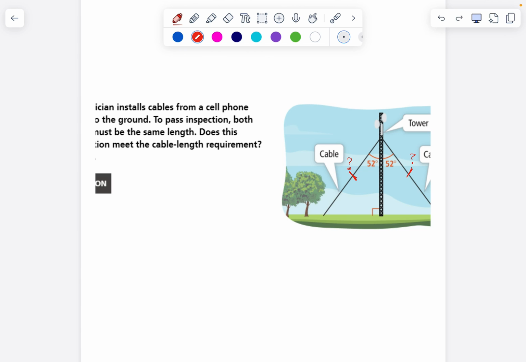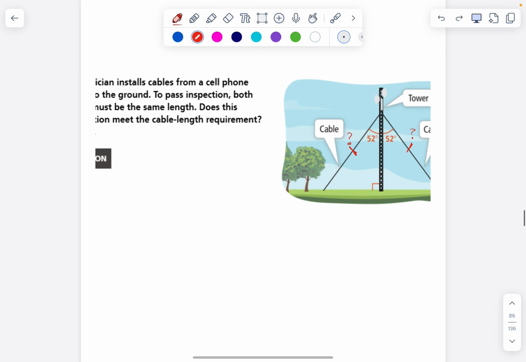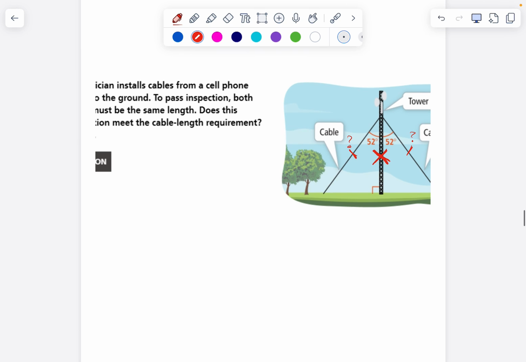So I'm letting you look for a minute. You might want to use a property on the back of your paper. Okay. So hopefully you saw this. The tower has to be congruent to itself, right? It's the same tower sticking out of the ground. So are the two triangles congruent? Yes.